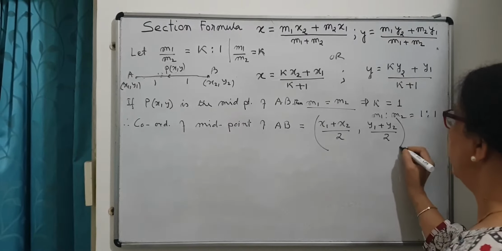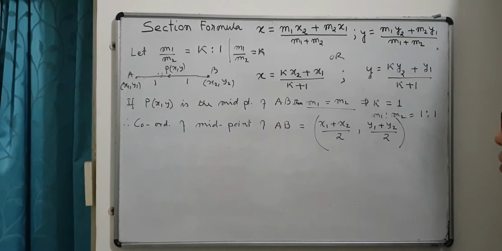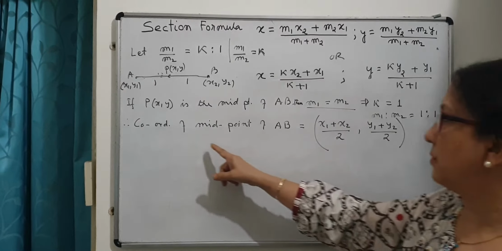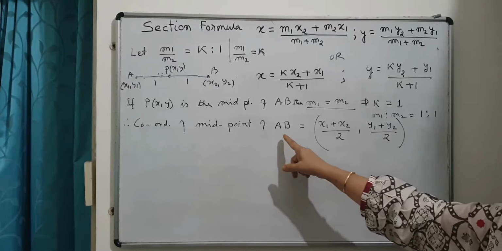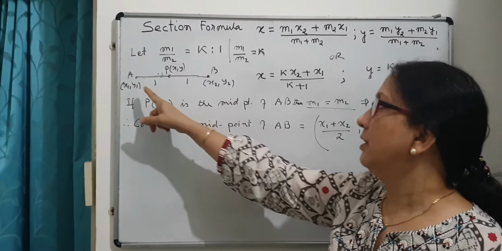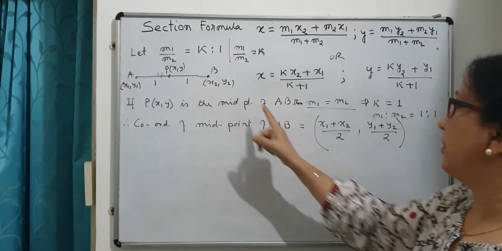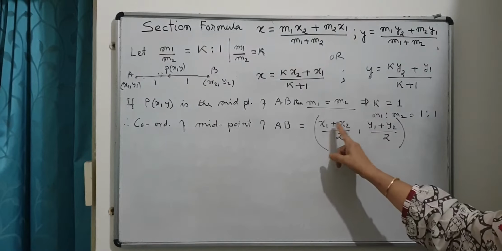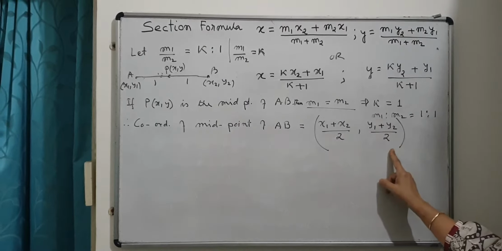So this is another formula, known as the midpoint formula, which gives you the coordinates of the midpoint of the line joining 2 points (x1, y1) and (x2, y2), simply their average: (x1 plus x2) by 2 and (y1 plus y2) by 2.